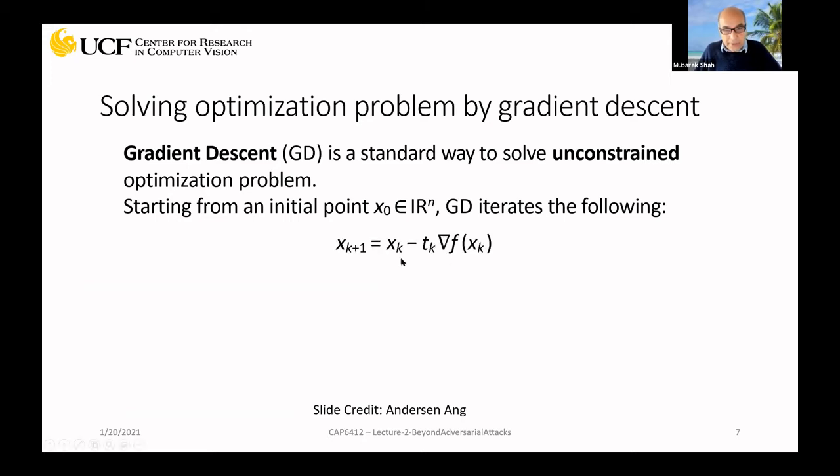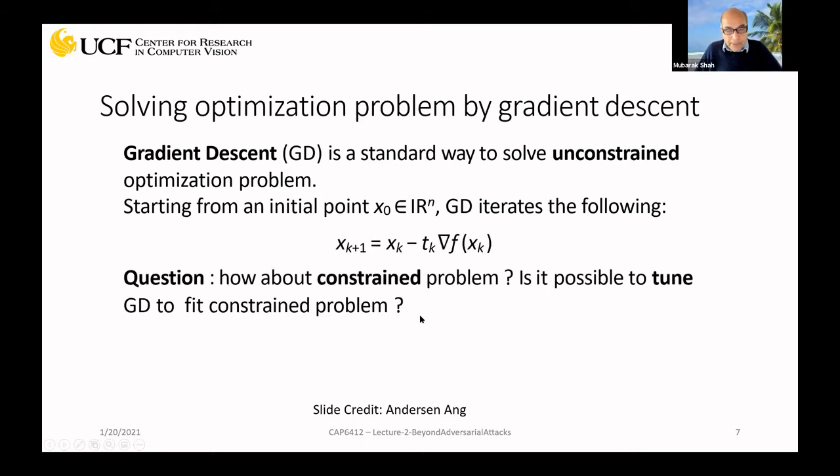So this is our gradient descent: take the function, find the gradient, and then add the step size to the previous estimate. You just keep doing that. Now this doesn't have any constraint, it's unconstrained. We want to find any solution for which this function is minimized.